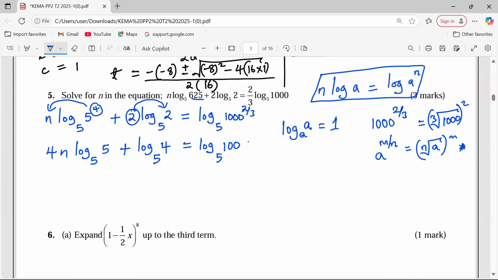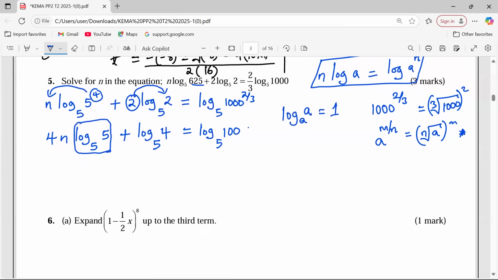And if this is true, that the log of any number to the same base is 1, then the whole of that value now becomes 1. And so we'll be having 4n times 1. So it remains the way it is. This is equal to the log to base 5 of 100 minus the log to base 5 of 4.